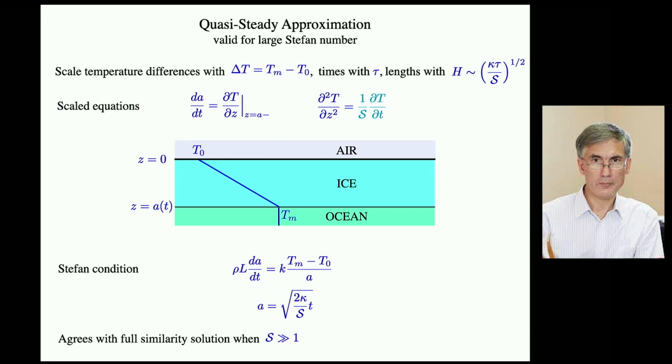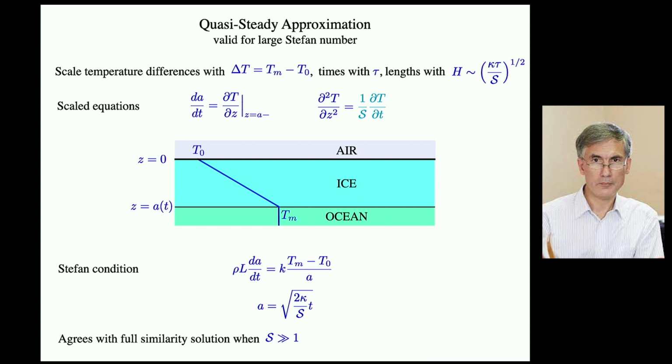We can almost solve that in our heads. If the second derivative is 0, then the first derivative is constant. If the first derivative is constant, then we just have a linear temperature profile, constant slope through our ice, rather than this curved error function profile that we calculated just now. And we can do that very easily analytically.